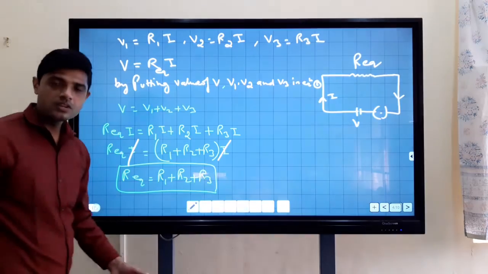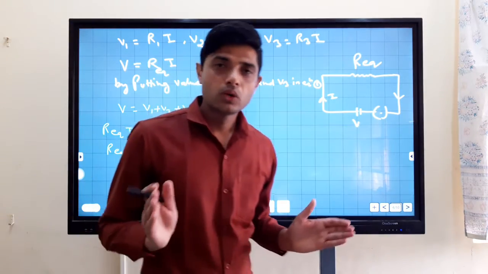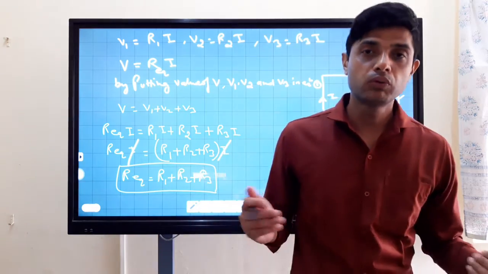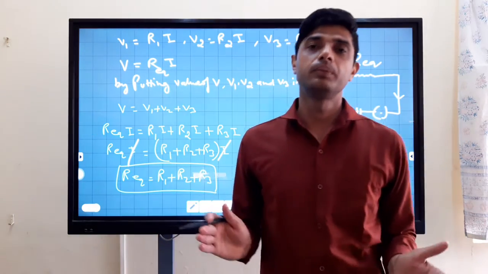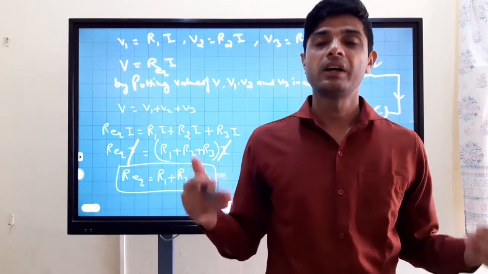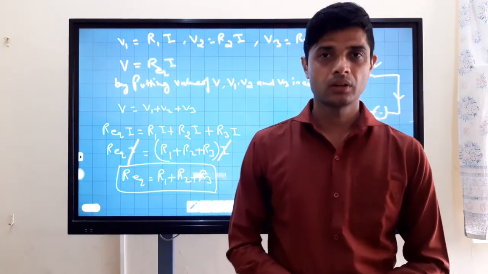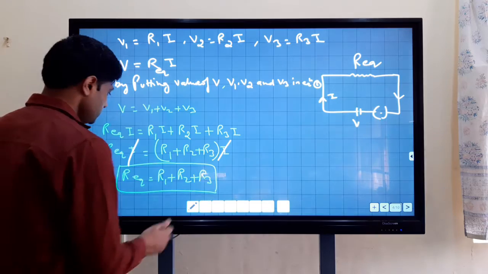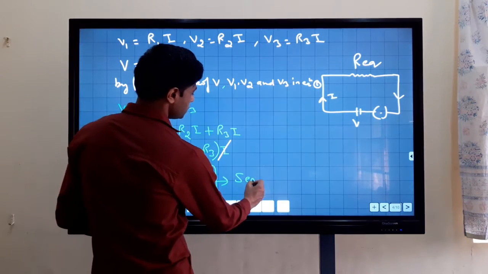It means in series combination, the equivalent resistance is equal to the algebraic sum of the individual resistances. So this is for series combination.